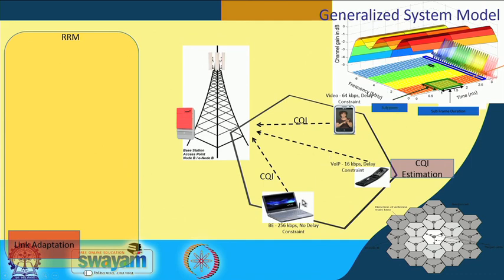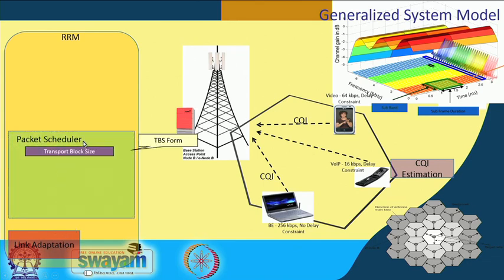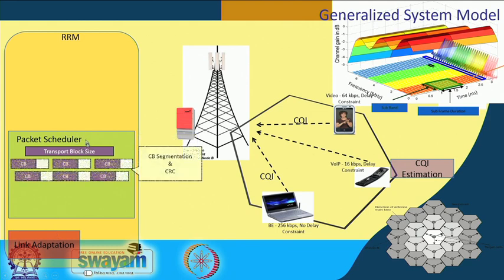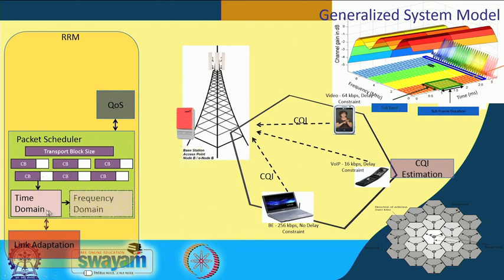Based on the input that the base station receives, one of the primary activities which it does is link adaptation and packet scheduler. We have briefly talked about these things earlier. So, when this packet scheduling happens, transport block size or dividing the packets into smaller segments, code block segments, CRC, all these things are done at the base station, then followed by time domain scheduling, then frequency domain scheduling.